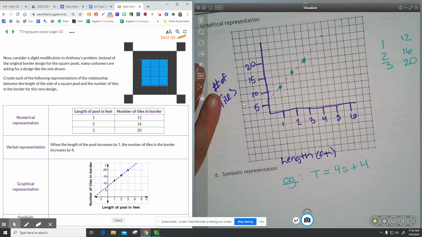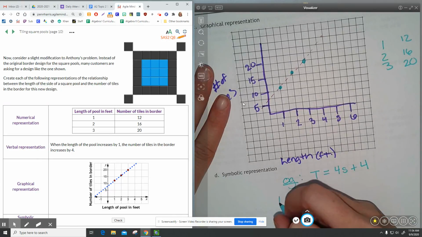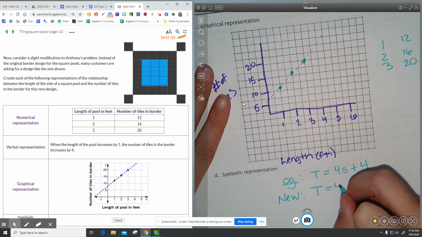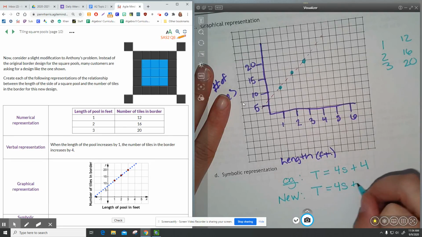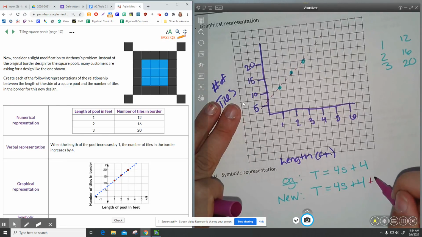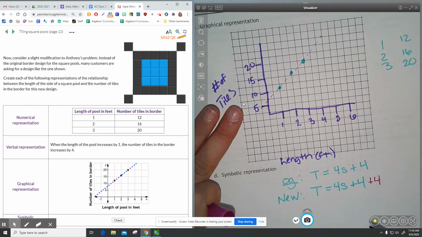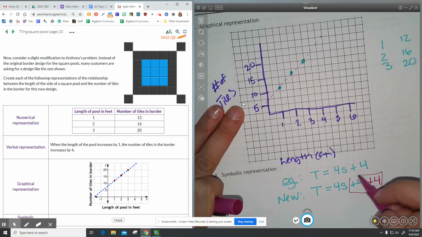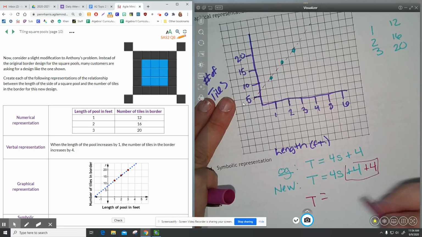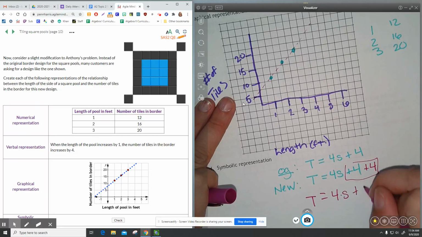So we're going to take our original equation, T equals 4 times the number of sides plus the 4 corners plus our new 4 corners. And we're going to simplify this down to get our total number of tiles equals 4 times the length of the side, plus 8 sets of corner tiles.